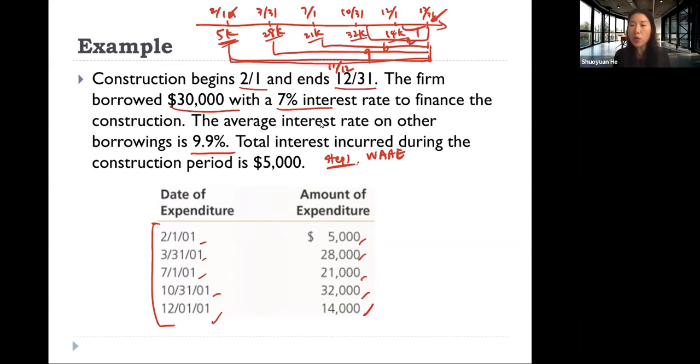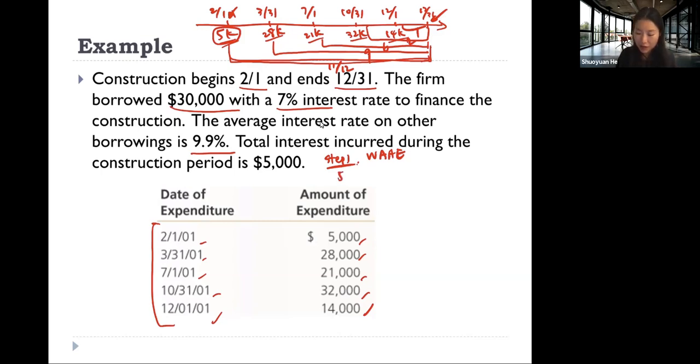So we need to weigh the expenditure by the period where we're occupying that expenditure. Or in other words, during these 11 months, this 5,000 has been put into this project, and we cannot put it in any other alternative use. It has already been occupied by this project.